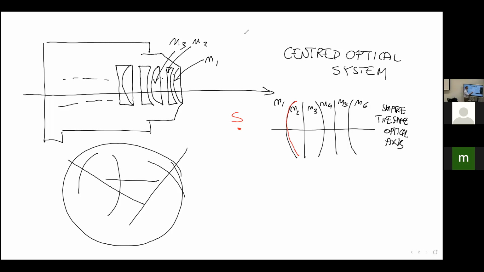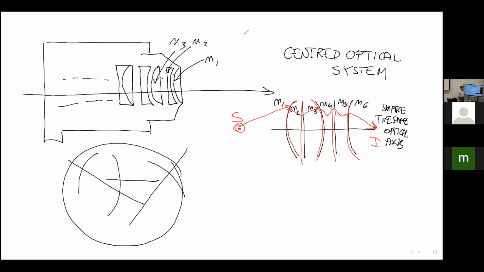Then you calculate the position of the image of the first diopter. This image will become the source of the second diopter. And then you apply the law to this, to this, to this, and you can calculate the relations between the position of the source and the position of the image.